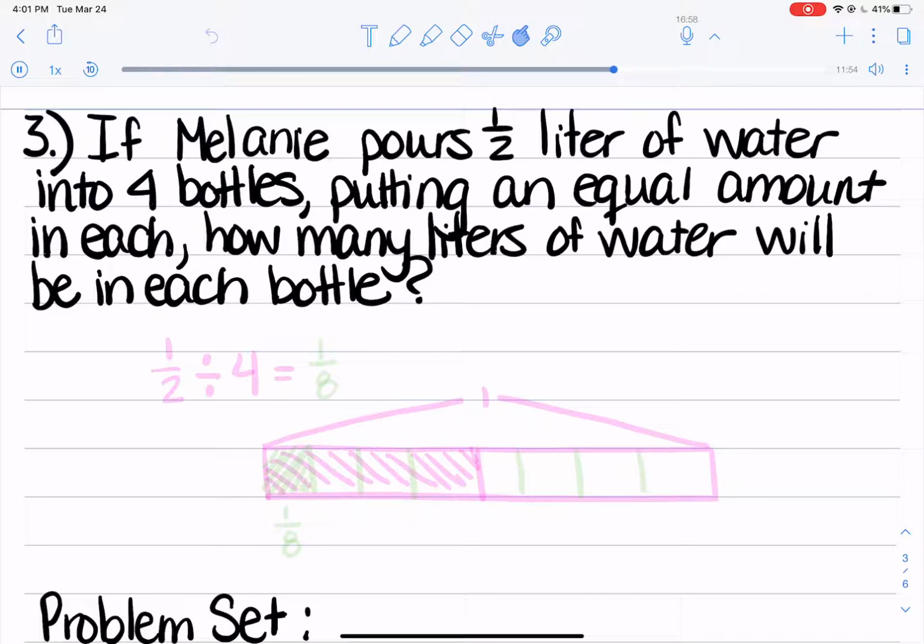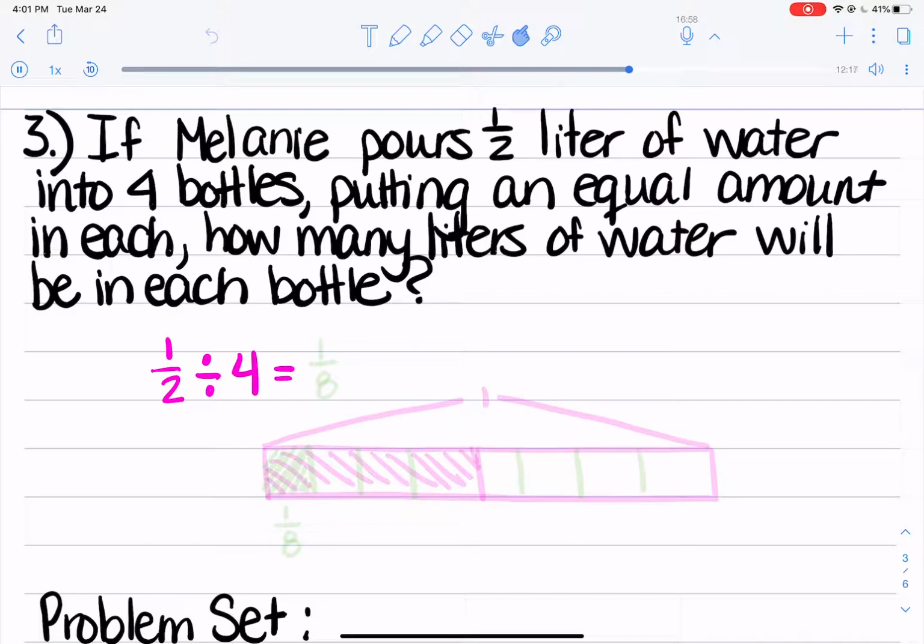So how do we solve this problem? Well, I know that we have to divide, and the division expression is going to be 1/2 divided by 4. So you need to divide the dividend 1/2 by the divisor of 4.